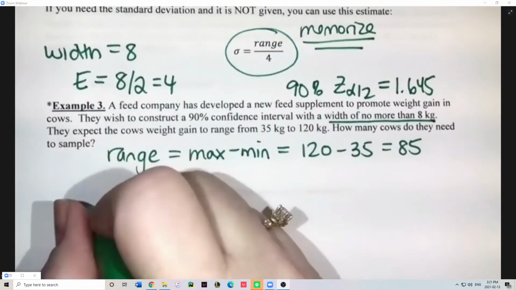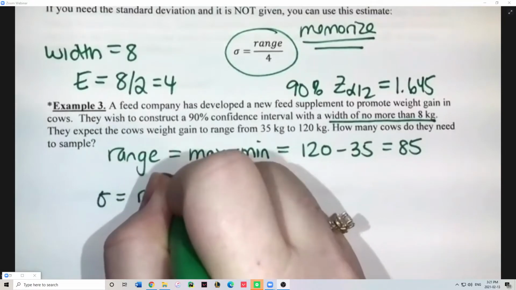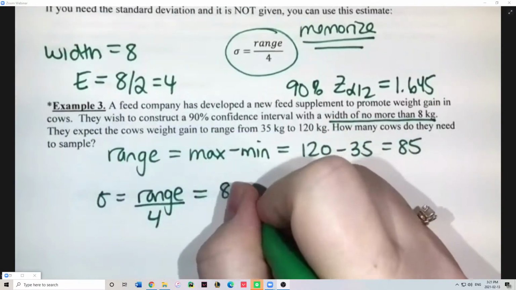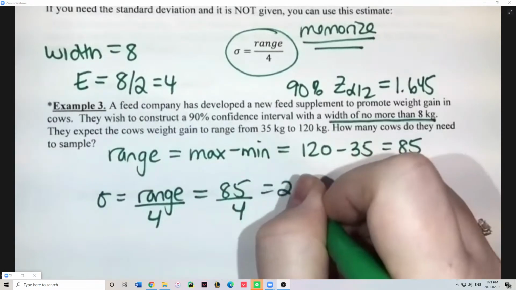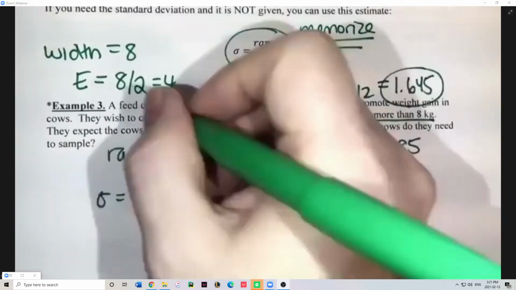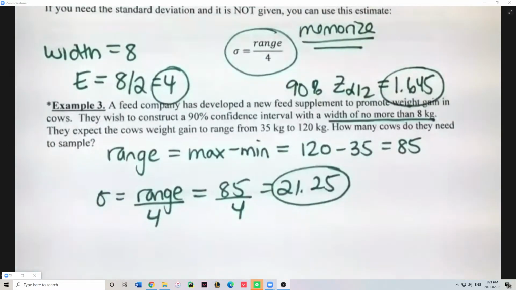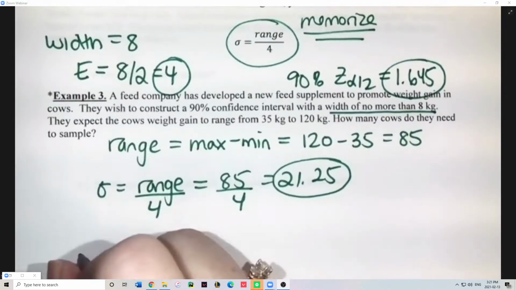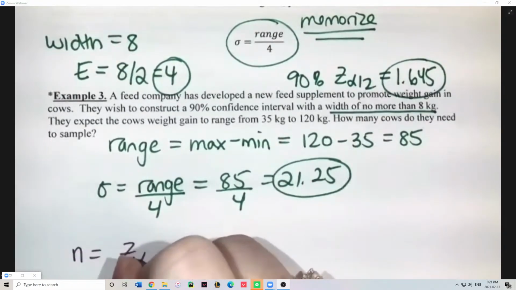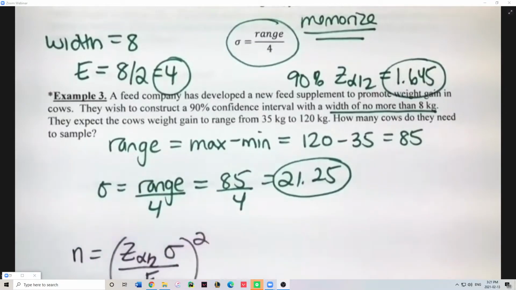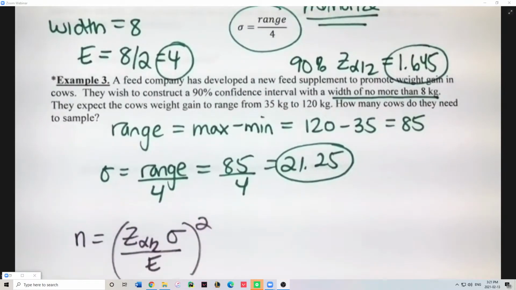So our estimate for sigma is range over 4. So 85 divided by 4 is 21.25. And so now we can do our n formula, critical Z times sigma over E, all squared. So go ahead and tell me what your sample size would need to be here.